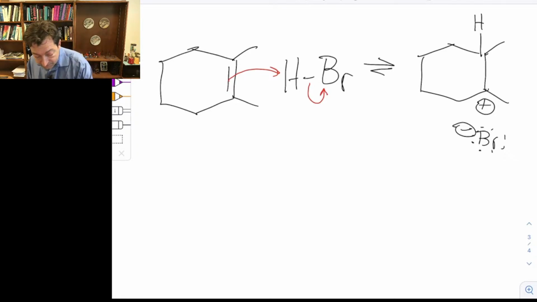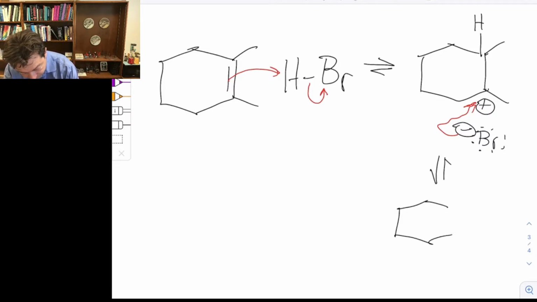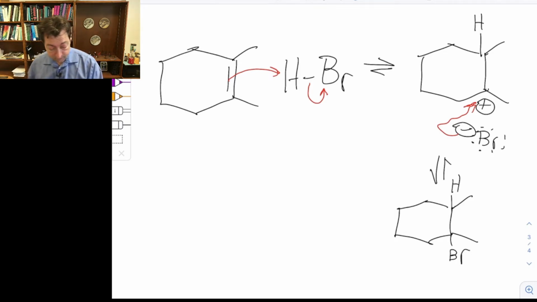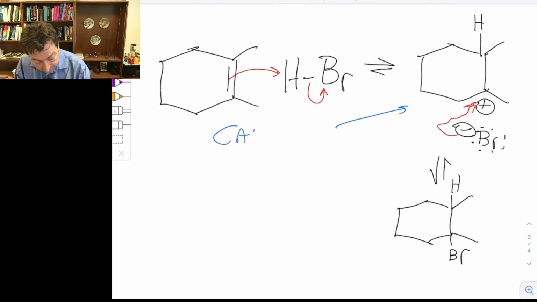And of course now we've seen this enough times that we can imagine that bromide acting as a nucleophile to attack that positive carbocation charge, satisfying the carbocation and leading to the final product. So again, we get a carbocation, or we propose a carbocation intermediate.